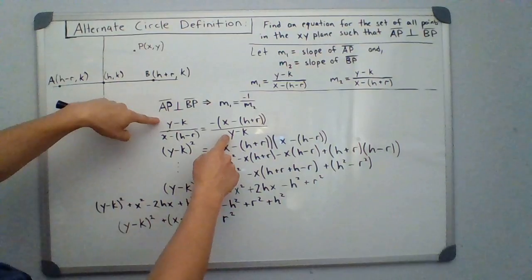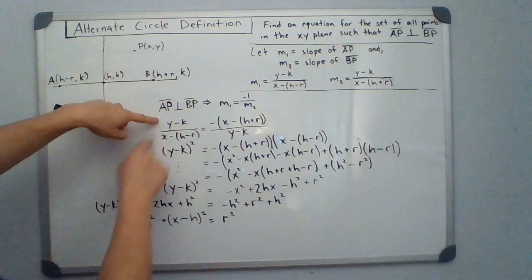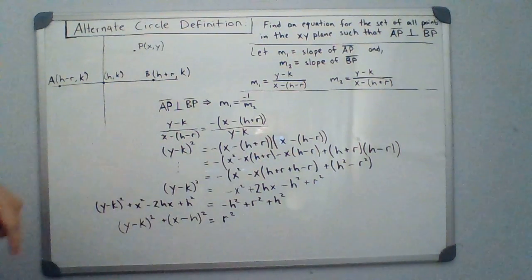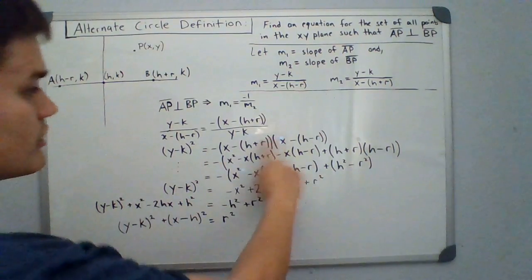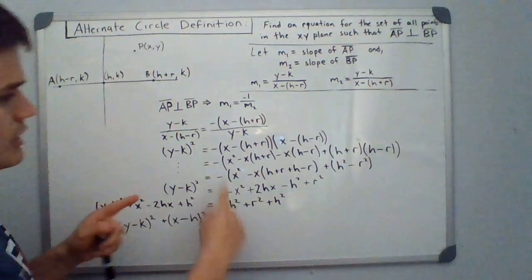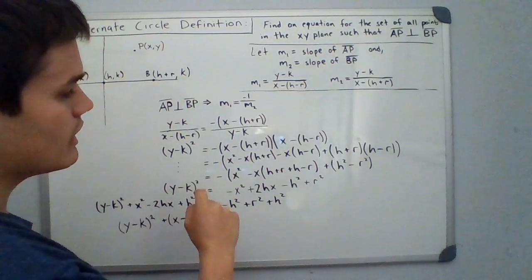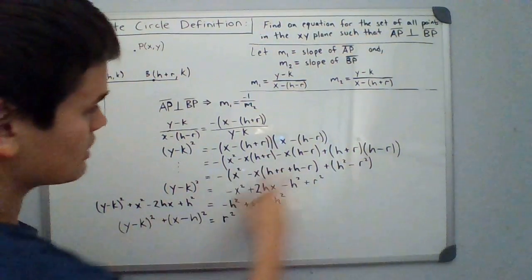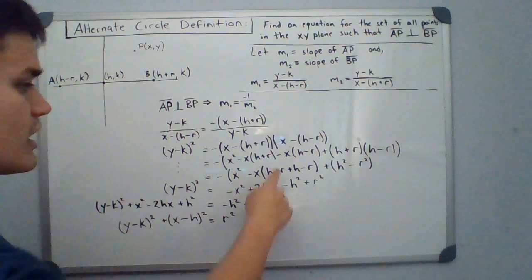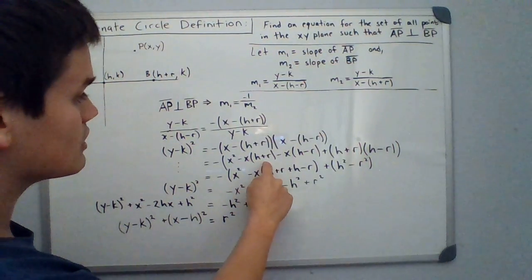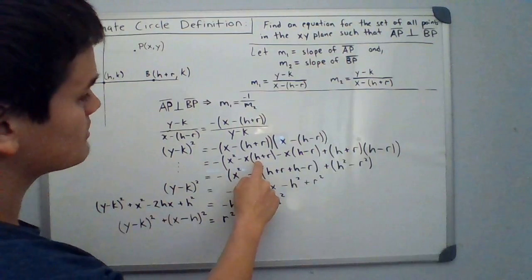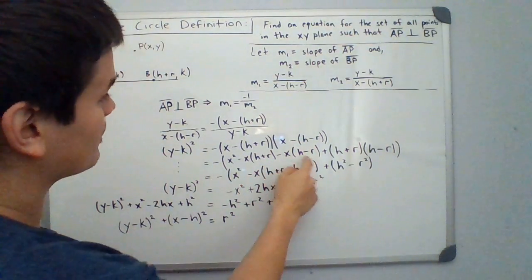So here I multiplied this denominator by that numerator, and this denominator by that numerator. From here it's a little tricky algebra, but it's pretty straightforward. I just kept the h plus r and h minus r in parentheses and treated them like numbers until I got to this point: negative x times h plus r minus x times h minus r.